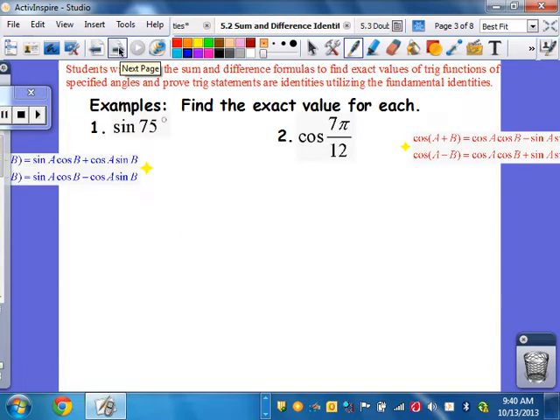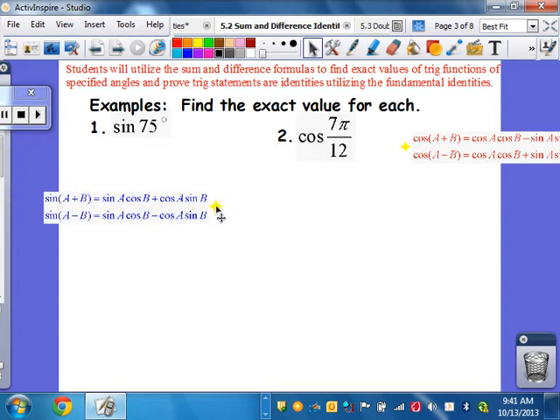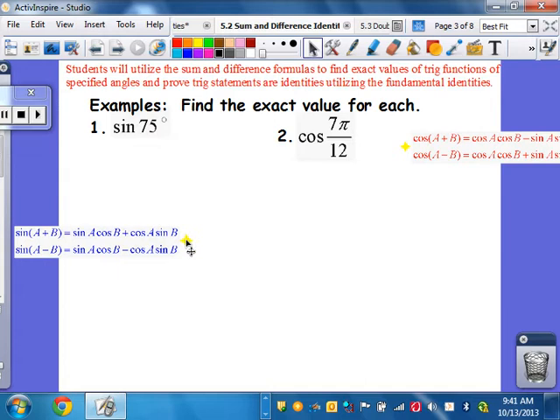So the goal that you have, basically, if I say find the exact value for each thing, and I give you sine of 75, you need to think of a sum or a difference of two nice numbers that either add or subtract to 75. What I mean by nice numbers is special triangle numbers. So I always keep in mind the 30s, the 45s, the 60 degree scenarios, and see if that can ring a bell for you.